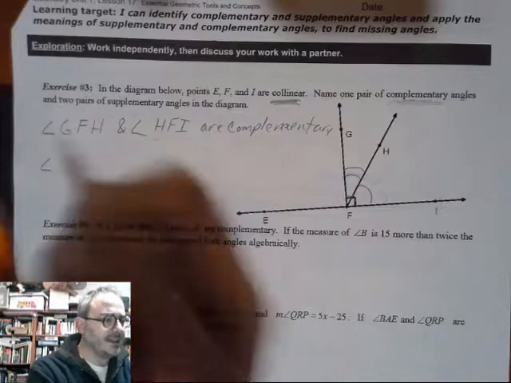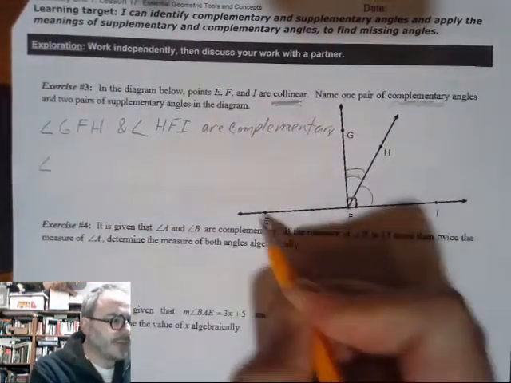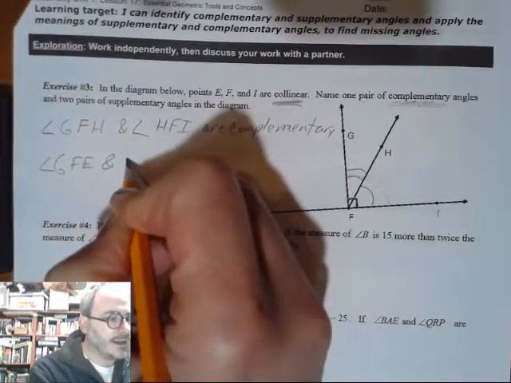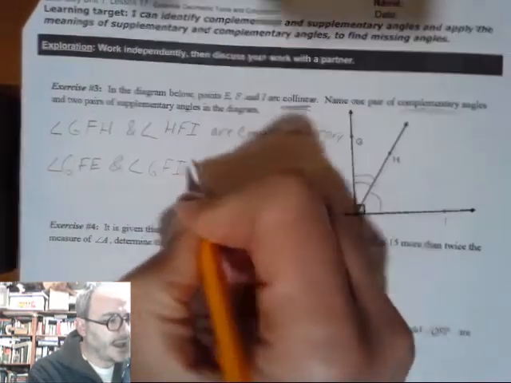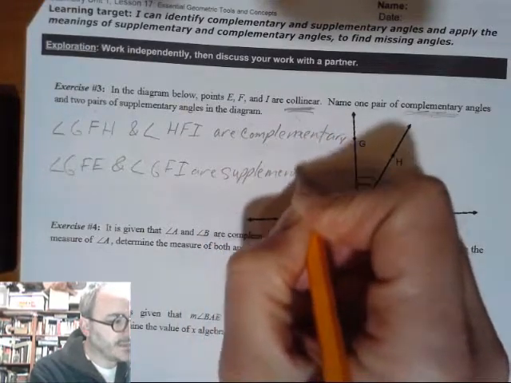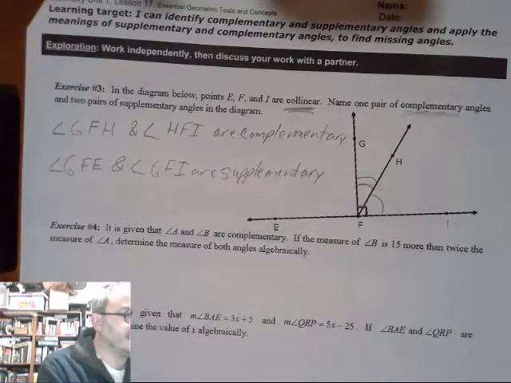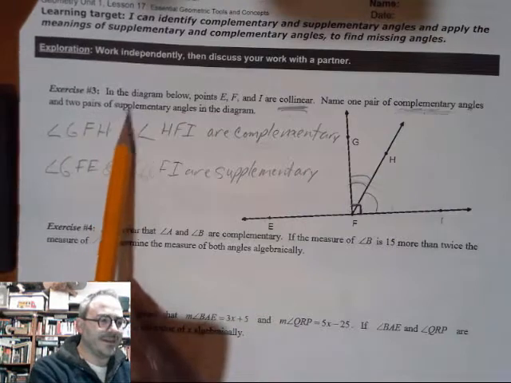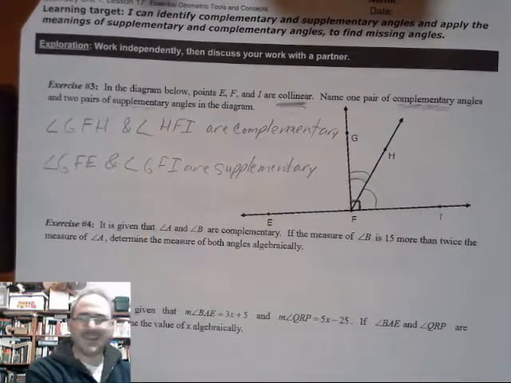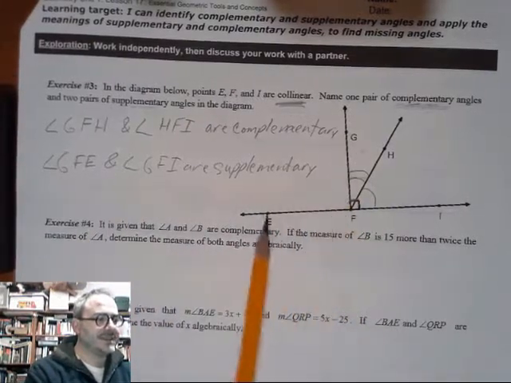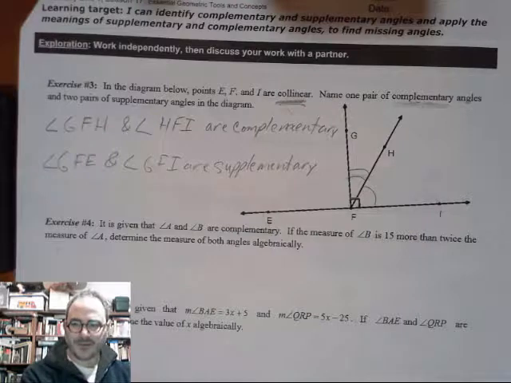So I could say that angle GFE and angle GFI are supplementary. I sound this one out to spell it too. Supplementary. So this piece and this piece are supplementary. Add them up, they equal 180 degrees.